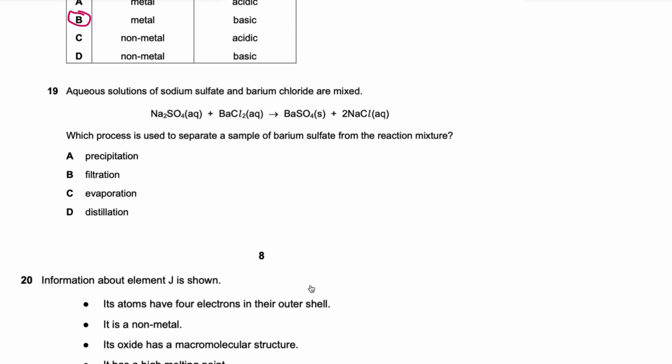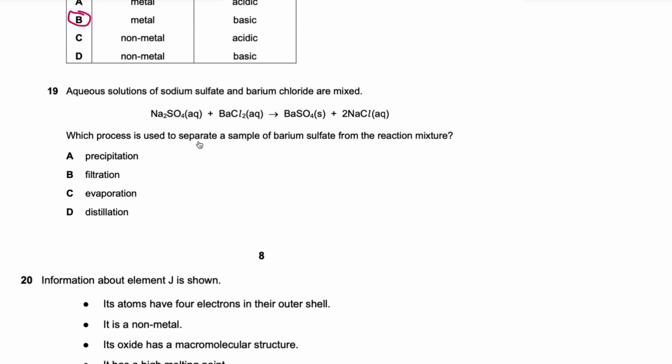Okay, we move to question number 19. Question 19 says aqueous solutions of sodium sulfate and barium chloride are mixed. Look, sodium sulfate reacts with barium chloride to form barium sulfate. This one will displace this one, and you now get sodium chloride.